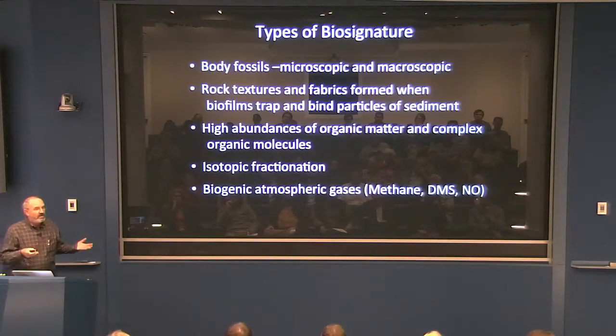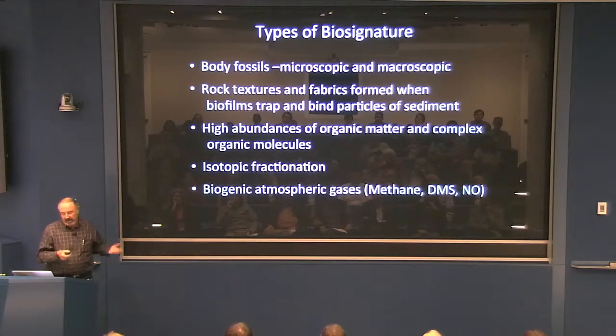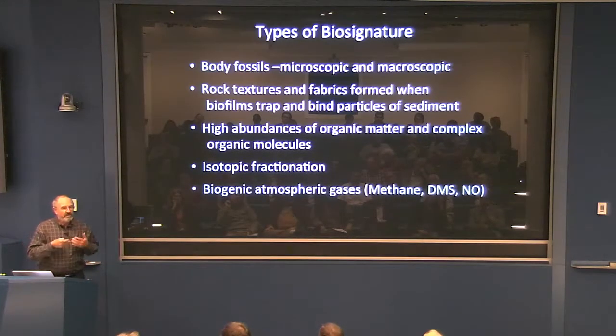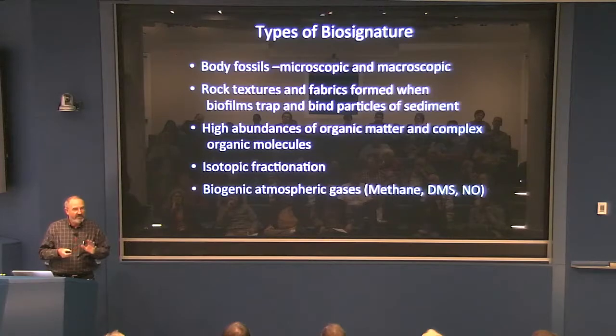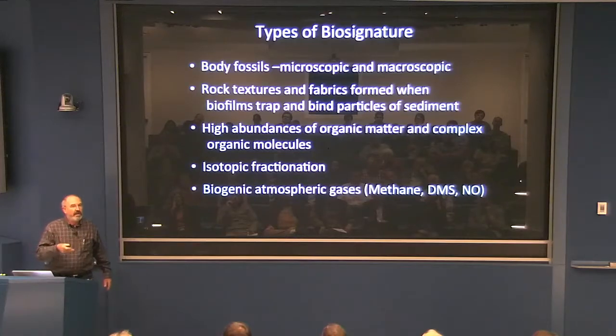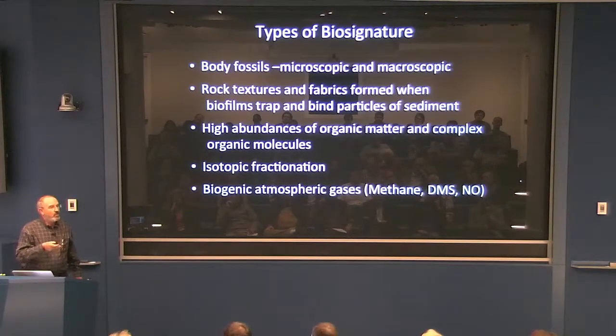So one kind of biosignature is a body fossil, like a fossil of a human skull, for example. But it could be a fossil microbe. Sometimes microbes change the textures and fabrics of rock and leave evidence in that form. That's biofilms, for example. Sometimes photosynthetic organisms produce a lot of organic matter.